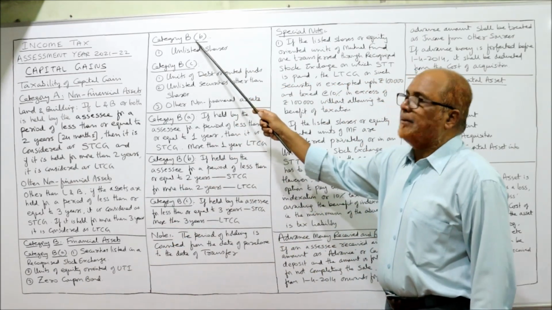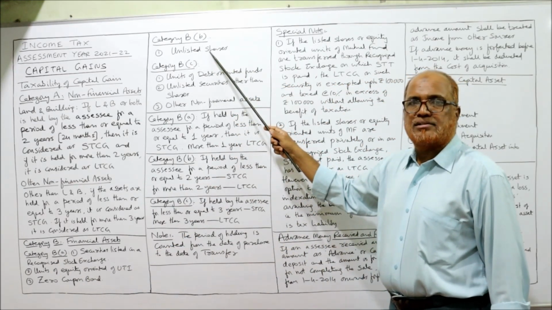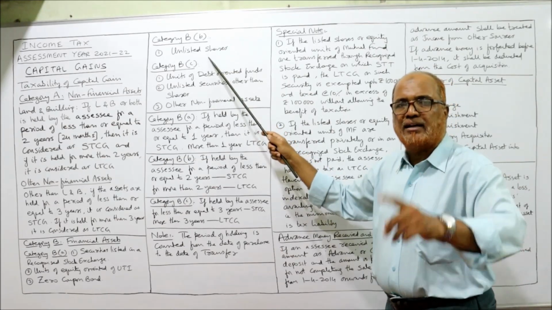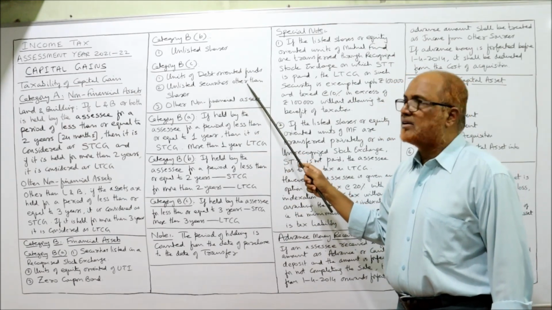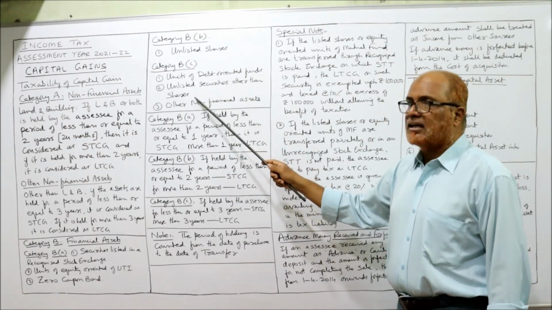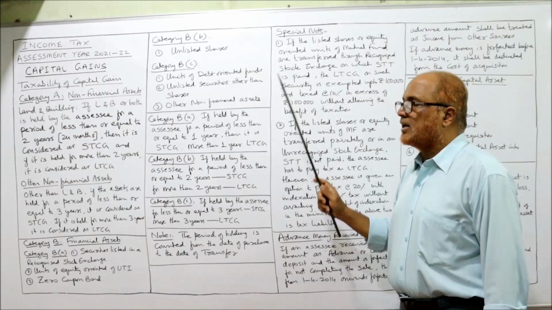Now category BB: unlisted shares. Only one item will come under BB. Category BC: units of debt oriented funds, unlisted securities other than shares, and any other financial asset.